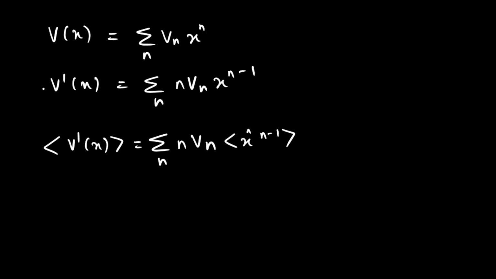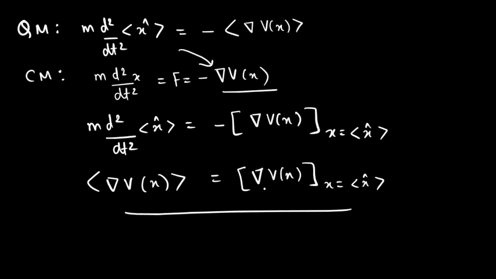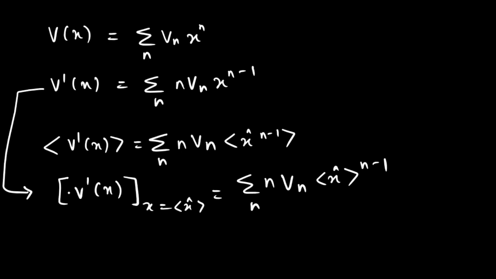And from this expression we can write V dash of x when x is equal to the expectation value of x cap. This expression would be summation over n of n V_n at x equal to the expectation value of x cap, so it would be the expectation value of x cap raised to n minus 1. Now for these two equations to be true, these two summations must be equal. That is, the expectation value of x cap raised to n minus 1 must be equal to the expectation value of x cap raised to n minus 1. So let's check how far this is true.